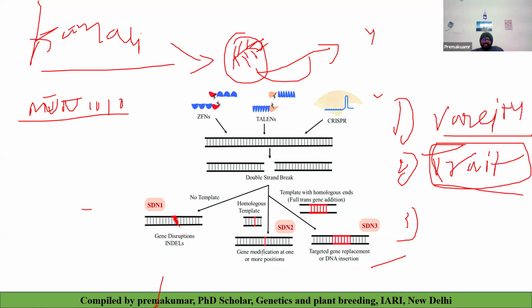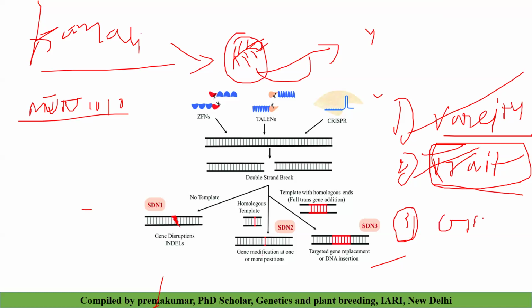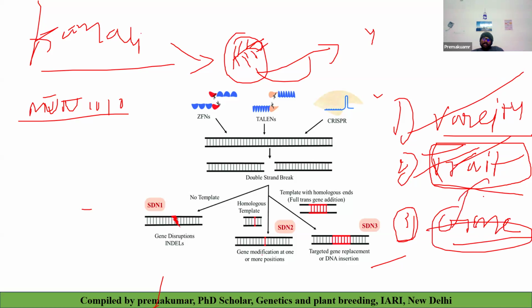Okay, you selected the trait. After that, what do you have to see? First, you choose a variety where you will do gene editing. Then you select the trait you need to modify. The next thing is to design the guide RNA: which gene is to be edited. There are several genes involved in a trait.